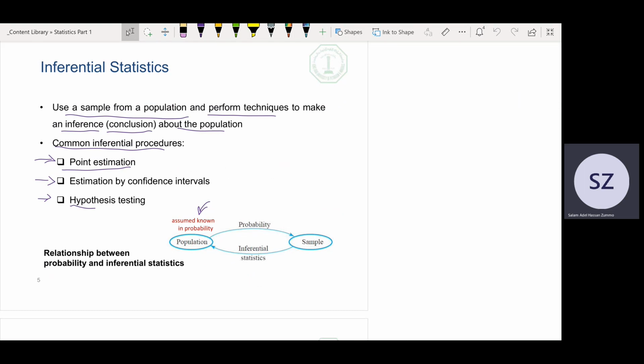In probability, we assume that we know everything about the PDF, so we give you the PDF, and we actually find the probability that a specific person in Saudi Arabia is taller or shorter than a certain height. Here, in this part of inferential statistics, we don't know the population. What we are trying to do is to collect a sample and try to estimate some of these parameters.